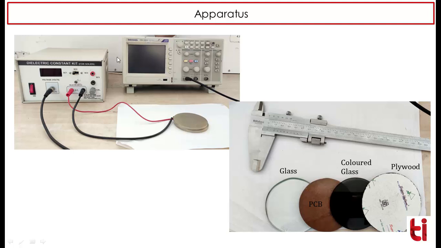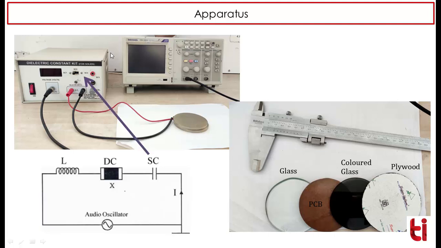If I look closely at the dielectric constant kit, what I find is that it has three options available for the standard capacitor: SC1, SC2 and SC3, where SC1 and SC2 are already available inside, and SC3 is something which we can put in from the outside, and we can toggle the value of SC, the standard capacitor, between these three using this particular switch.